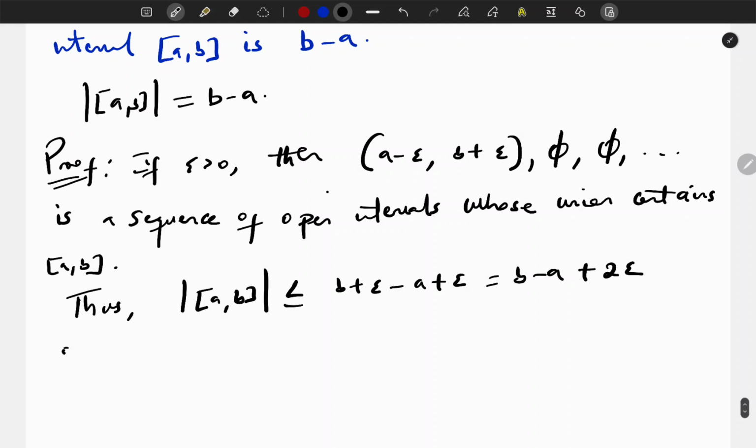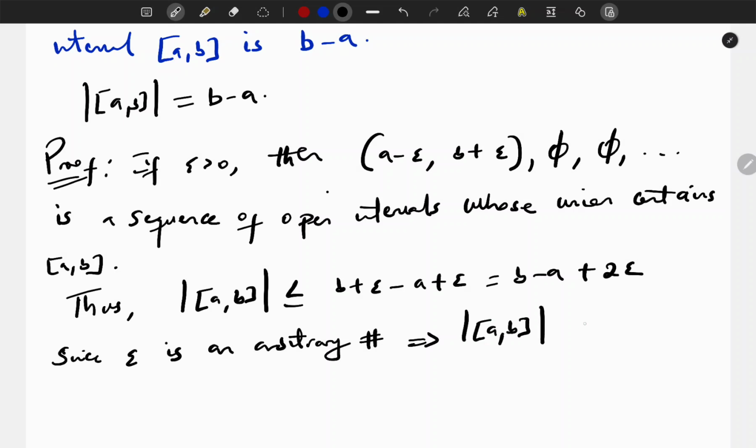Since x_n is an arbitrary number, that implies that the outer measure is less than or equal to B minus A.